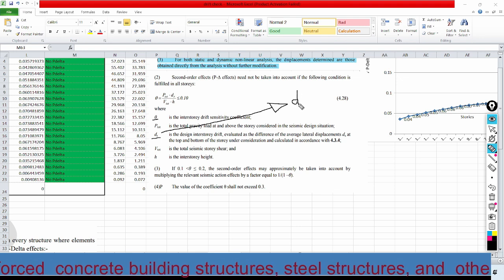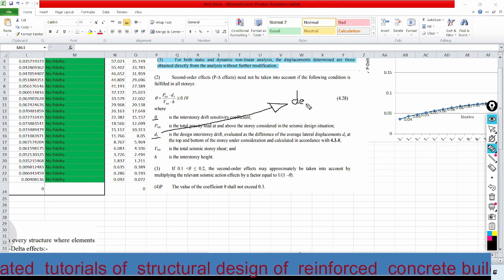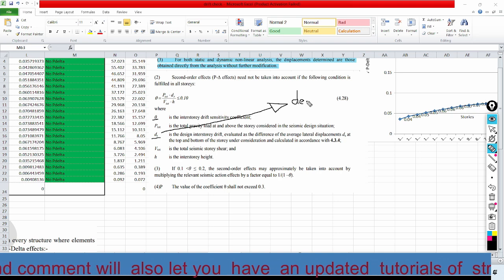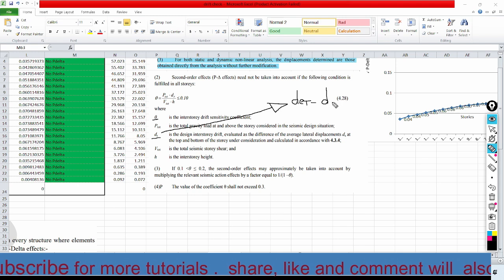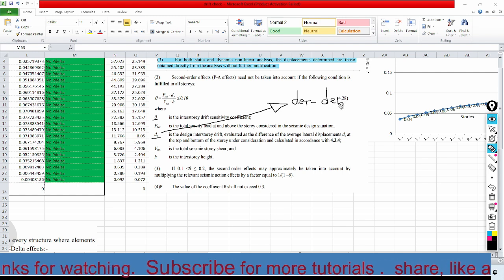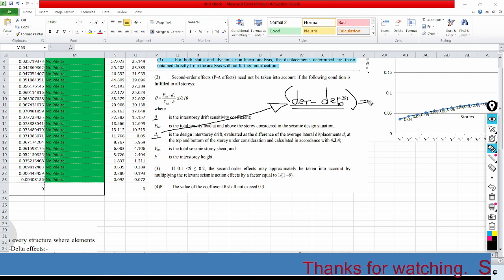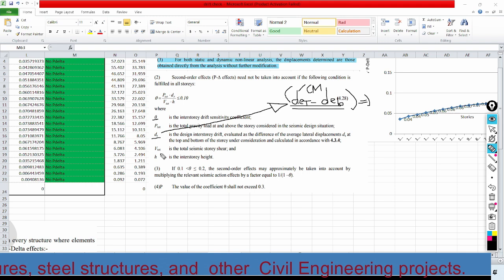That means dA, which is the elastic center of mass displacement at the top, minus the elastic center of mass displacement at the bottom. So this is what we call the interstory drift, where the displacement has to be taken at the point of center of mass.